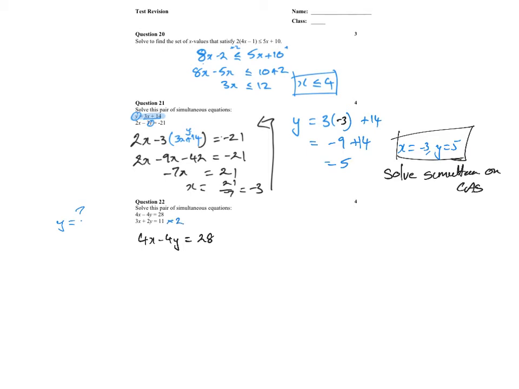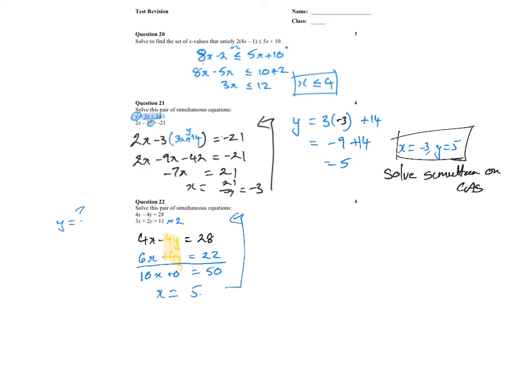And if I do that, it becomes 6x plus 4y is equal to 22. So now I can add these two. Negative 4y plus 4y is 0. So I get 4x plus 6x is 10x. Those two are 0 equals 28 plus 22, which is 50. So divide by 10 and we get x is equal to 5.